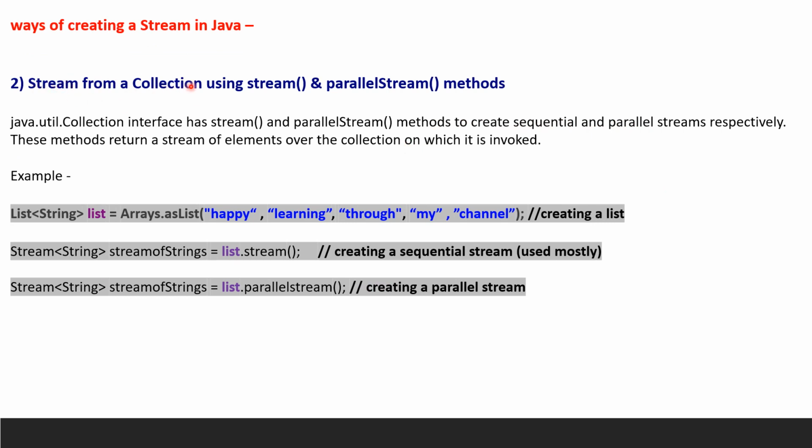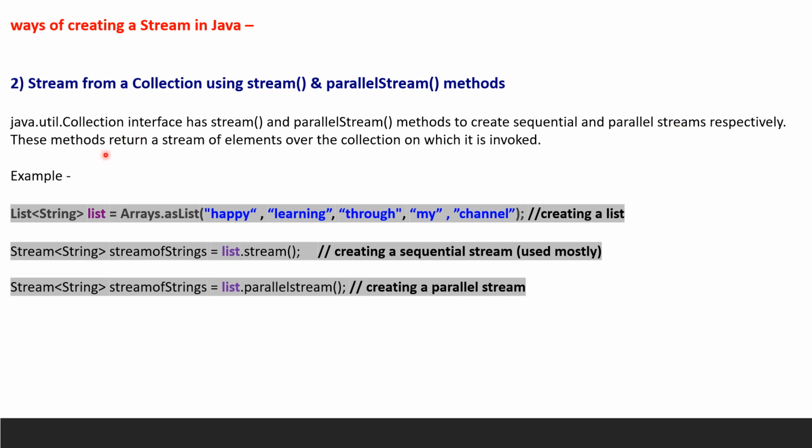Stream from a collection using the stream and parallelStream methods. We have seen creating a sequential stream and a parallel stream. The java.util.Collection interface has stream and parallelStream methods. These methods are used to create sequential and parallel streams respectively.